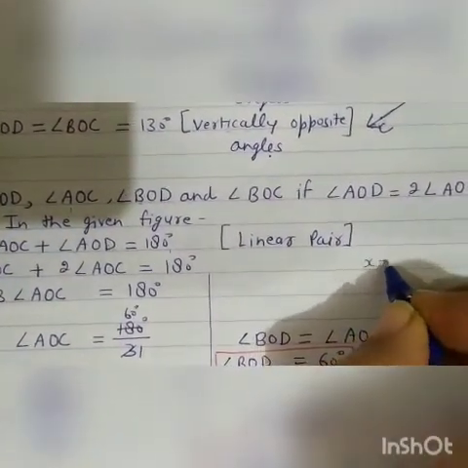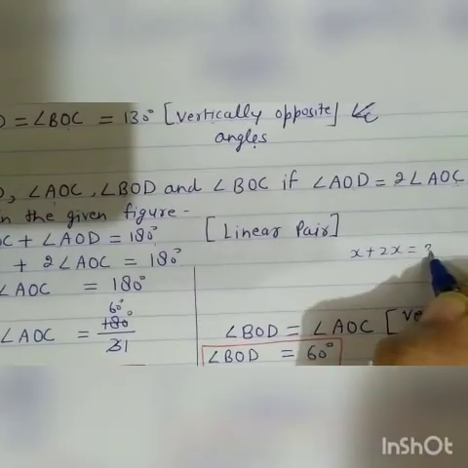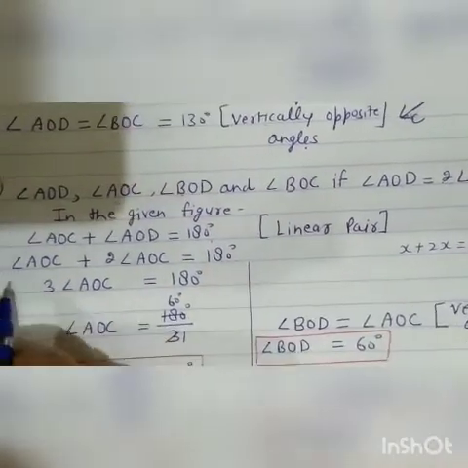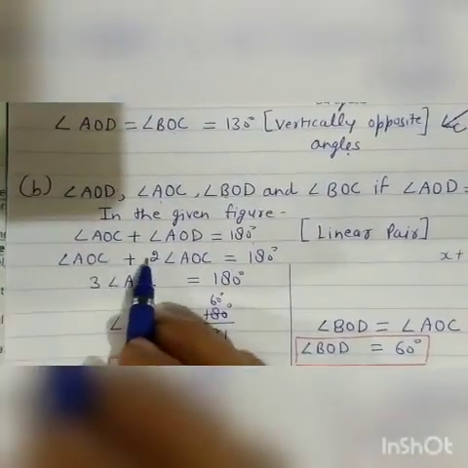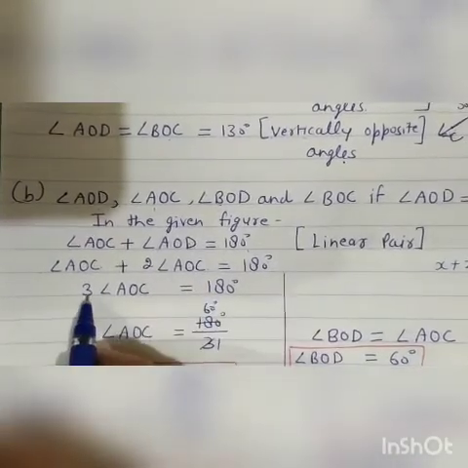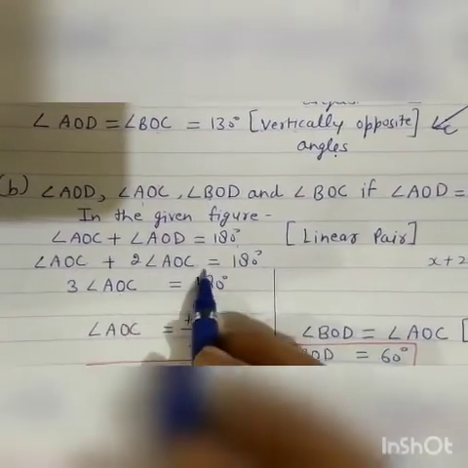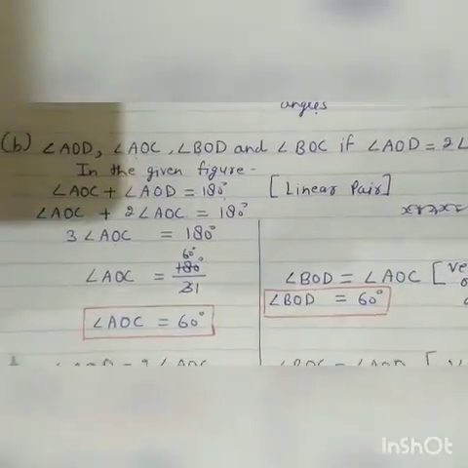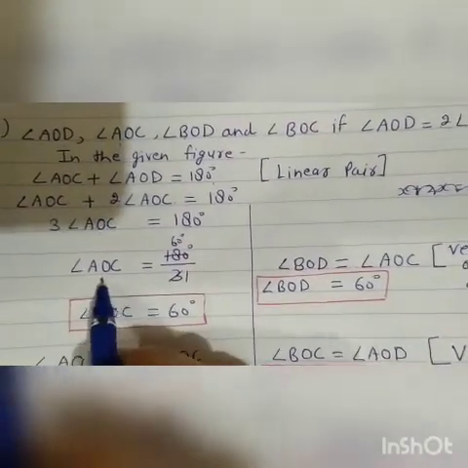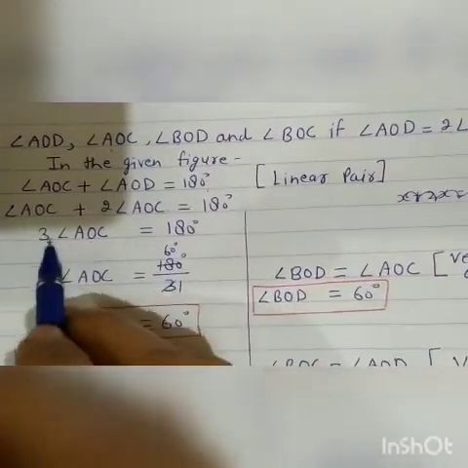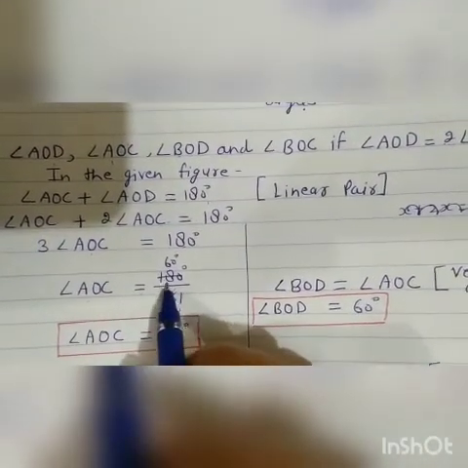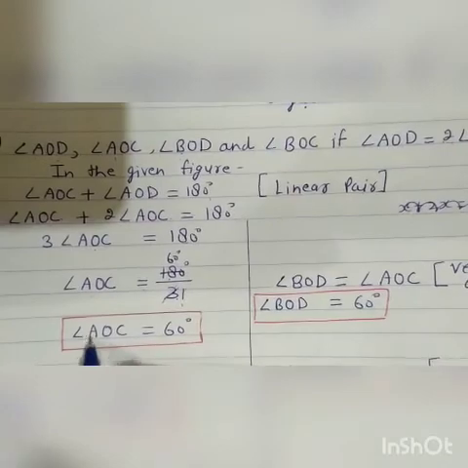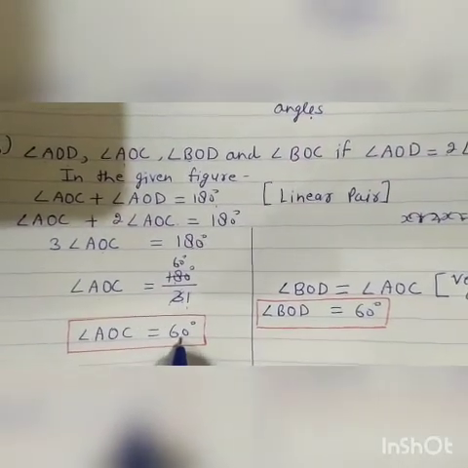As we take x plus 2x is equal to 3x, in the same way 1 angle AOC plus 2 angle AOC will become 3 angle AOC equal 180 degree. Then angle AOC is equal to 180 upon 3. 3 ones are 3, 3 sixes are 18, 0. Angle AOC is equal to 60 degree.